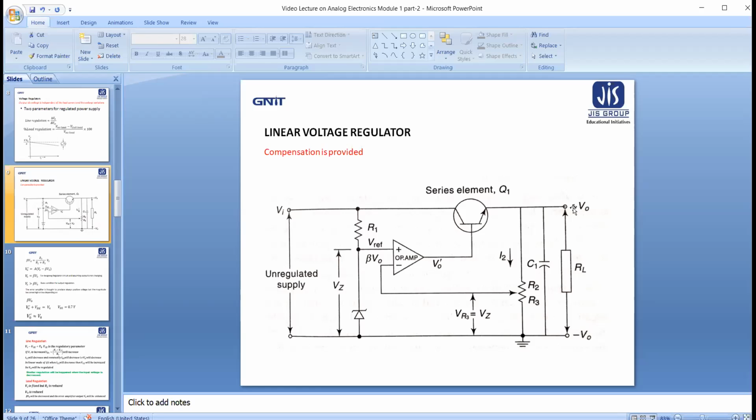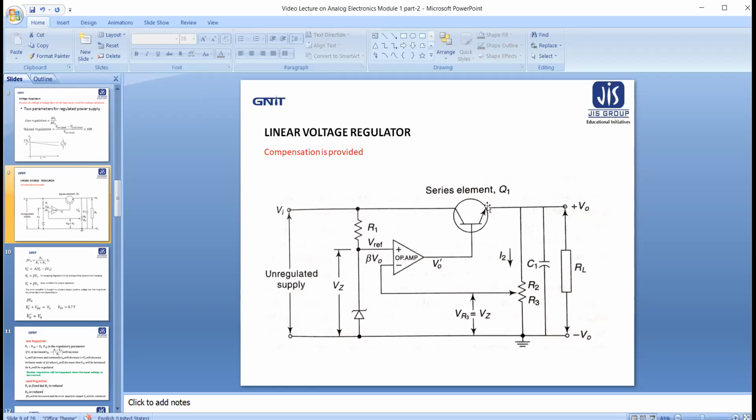Once V0 is reduced, it will produce a lesser value of the feedback voltage, which will be lower than VZ. So automatically V0 prime will be enhanced due to the relation. Once V0 prime is enhanced, it will drive more base current to the series element.